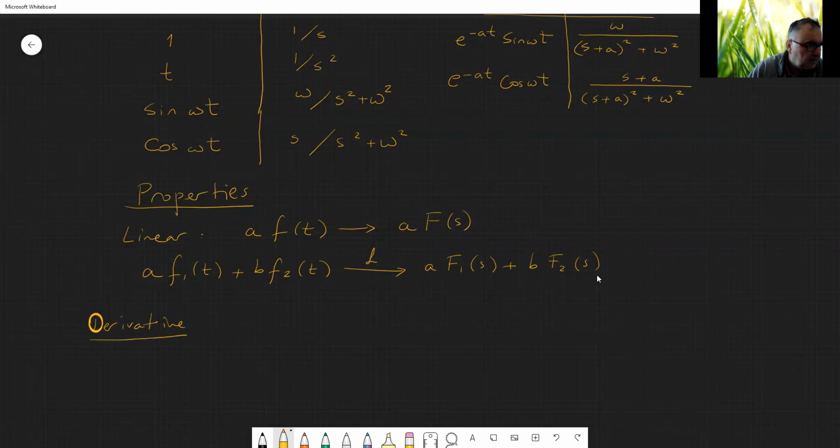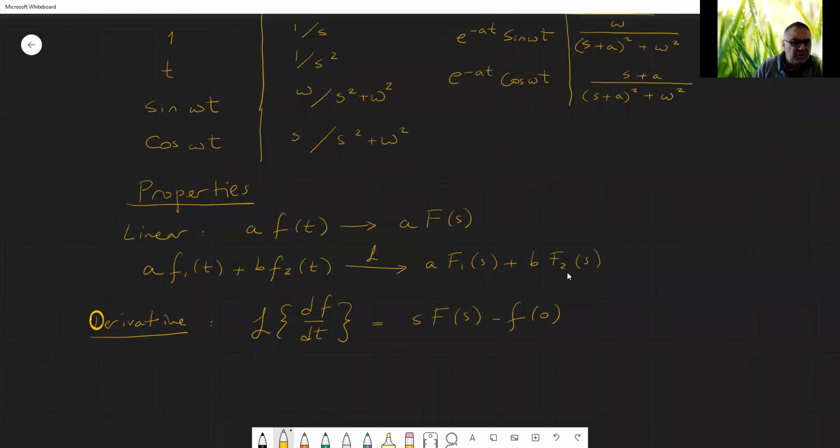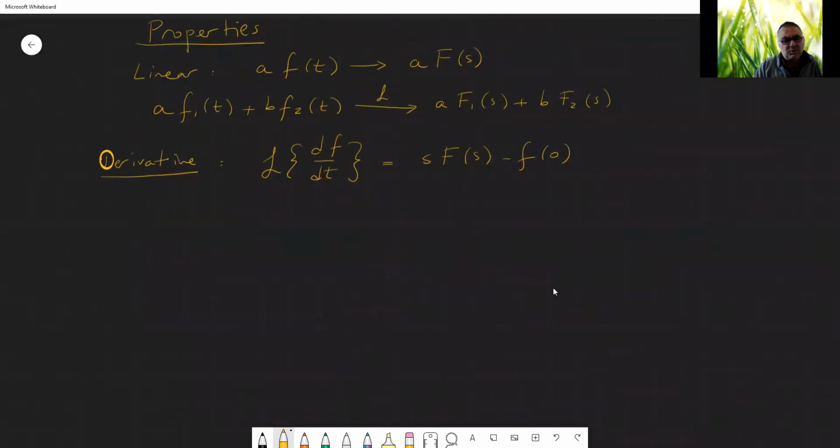The derivative is probably our most important thing for us. The Laplace transform of a derivative of a function, a time derivative, is s times F of s minus f of 0. It is possible to derive it, but I'm not going to derive it.